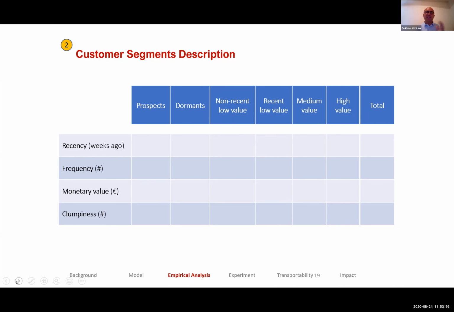For example, prospects are those who never bought from the company. Dormants are those who bought in the distant past. Non-recent low value customers are those who bought a long time ago in small amounts. Recent low value customers are those who bought recently in small amounts, and so on.